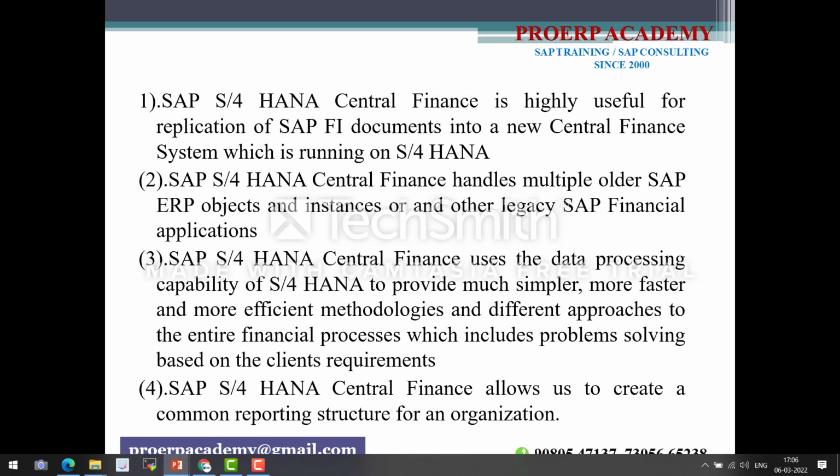Once after the successful replication of all the important configurations from both FI and CO of our traditional system into our central finance system, then the central finance system allows us to create a common reporting structure for an organization. That is the reason why this central finance plays a very vital role in the organizations, that is mainly meant for creating reporting structure for an organization.